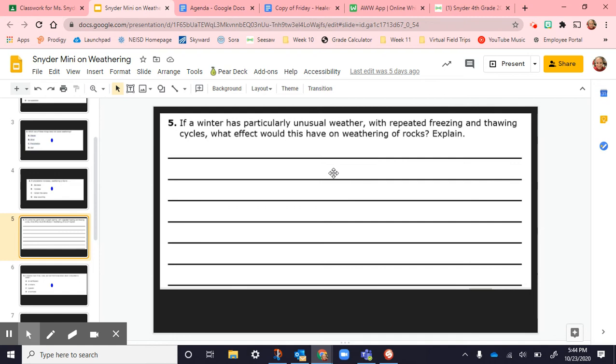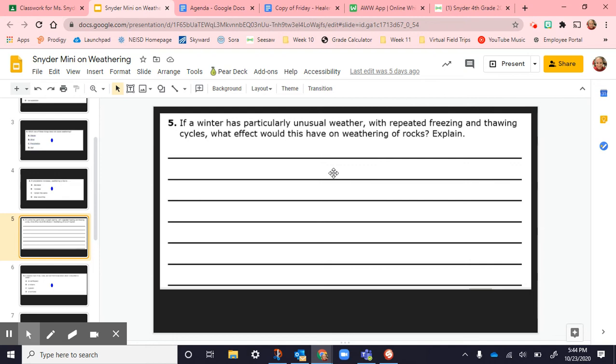If a winter has particularly unusual weather with repeated freezing and thawing cycles, what effect would this have on weathering of rocks? That repeated freezing and thawing, we watched a couple of videos where we saw evidence of this and what happens. We have it in our notebook. So think back to what we talked about, what happens, and we did the lab with the egg where we froze the egg.